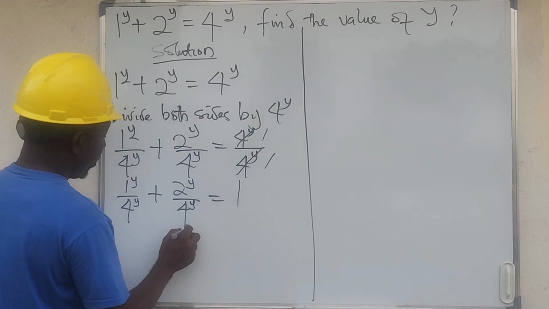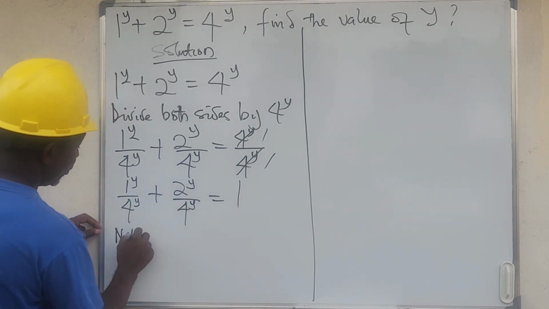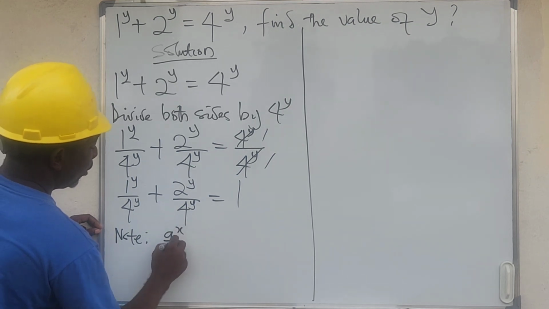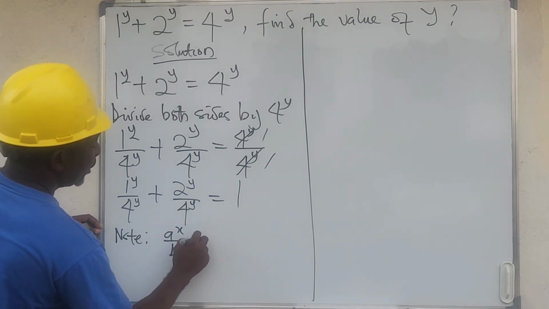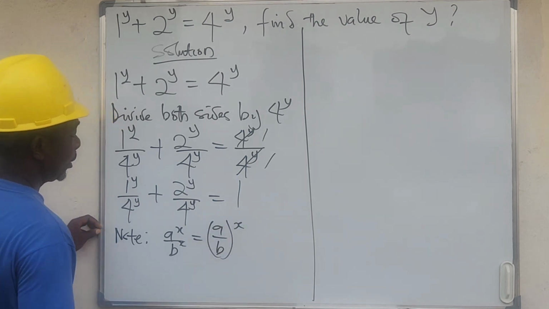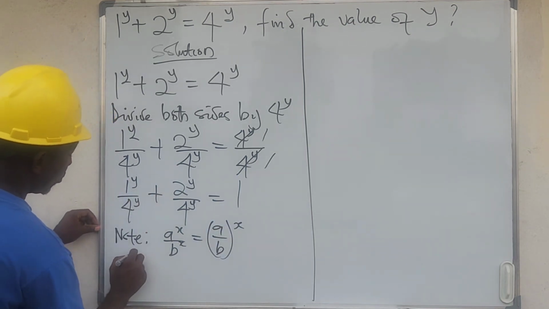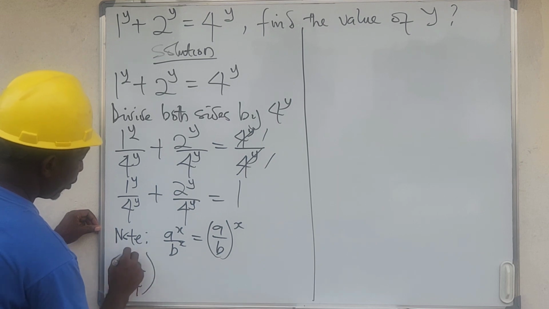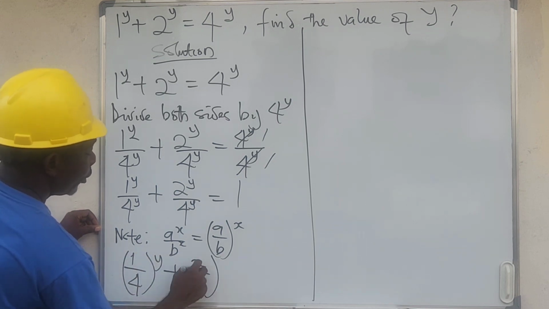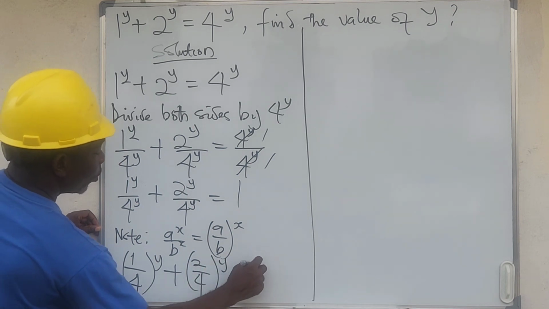We recall that a raised to the power of x over b raised to the power of x is the same as a over b all raised to the power of x. So this becomes 1 over 4 all raised to the power of y plus 2 over 4 all raised to the power of y equals 1.